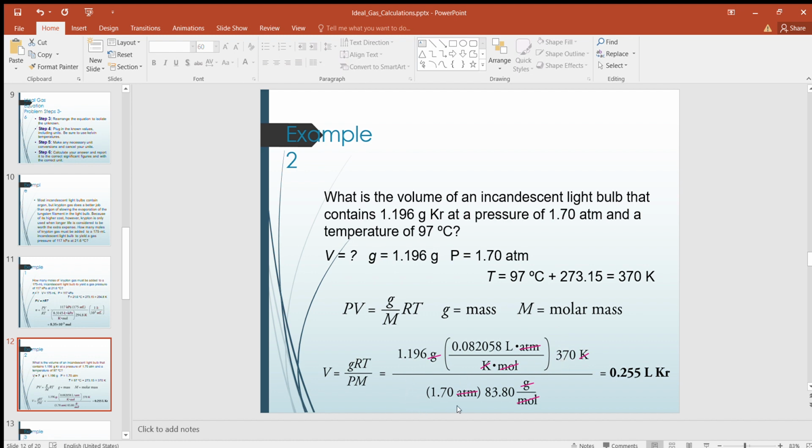Then the molecular weight of krypton, 83.80. So this yields 0.255 liters of krypton.